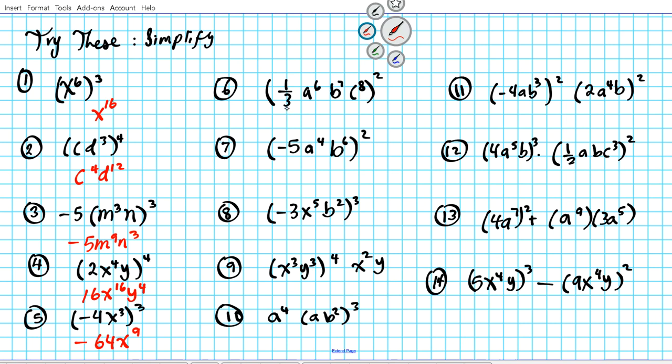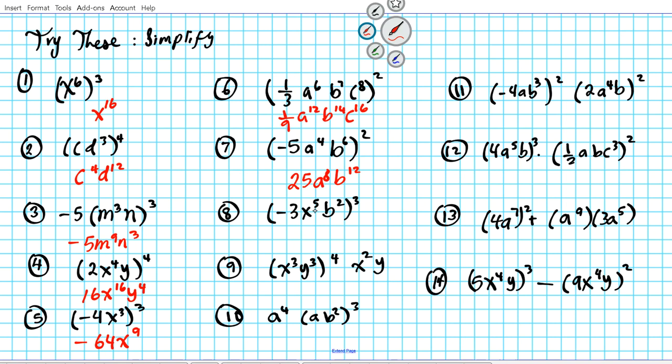Number 6 is 1 over 9, a to the 12th, b to the 14, c to the 16. Number 7 is positive 25, a to the 8th, b to the 12th.